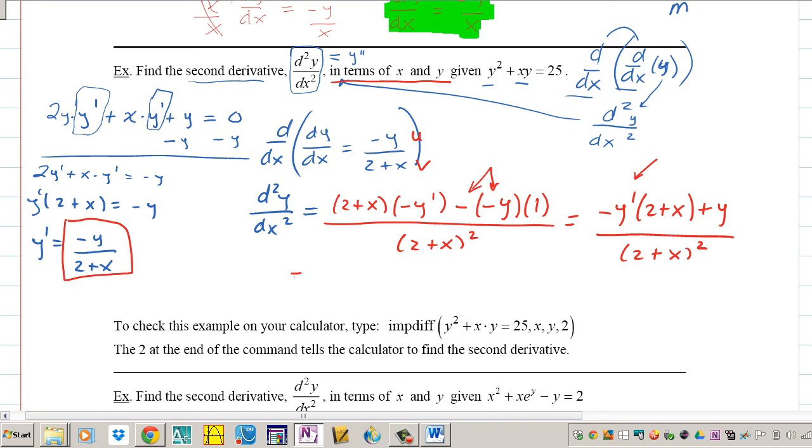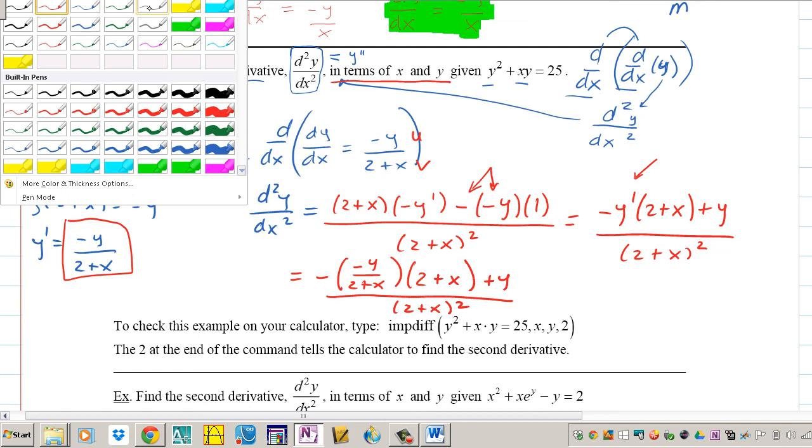So making a simple substitution, negative y over 2 plus x, times 2 plus x, plus y, all over 2 plus x squared.